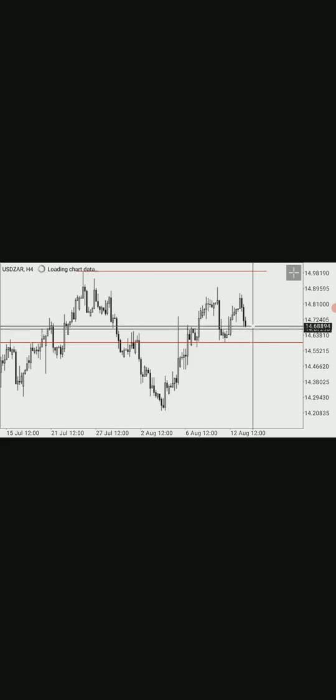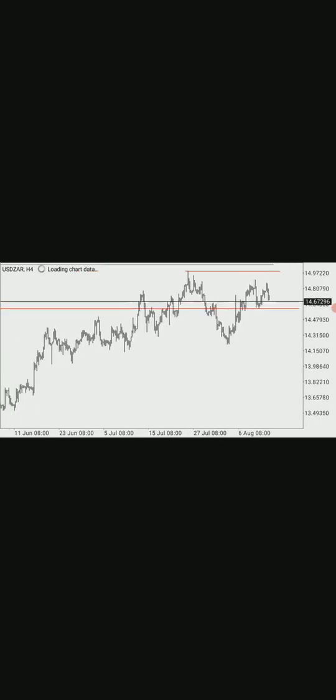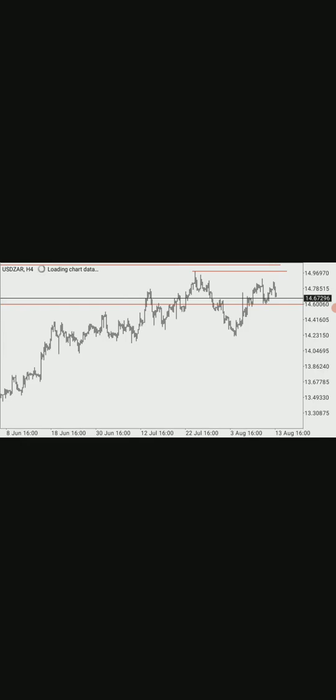What would actually cancel out the bullishness of this pair is when this market breaks this other block and closes, then we'll likely see it trading downwards. That's what I expect from this pair.